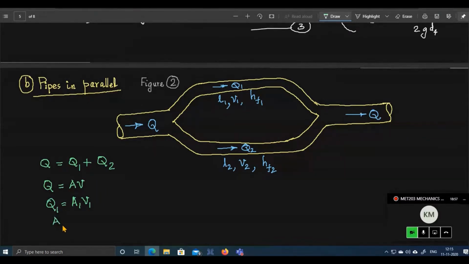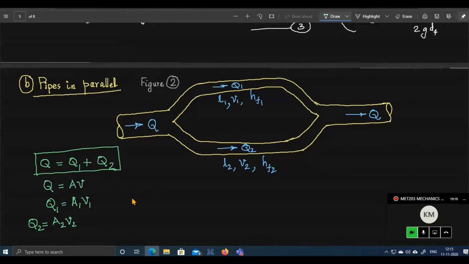Then similarly, A2 V2 will be Q2. So you can make use of these equations. But the important thing is the discharge is getting split, right? But what about the frictional head loss?